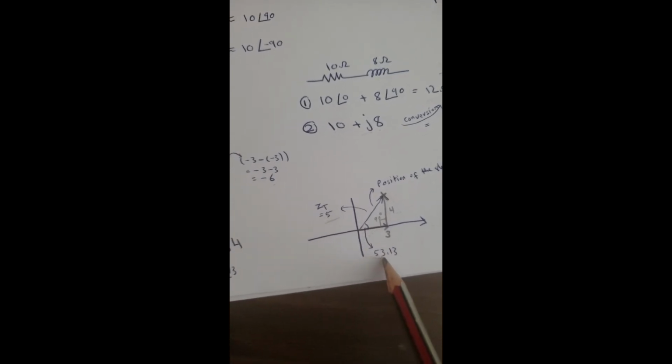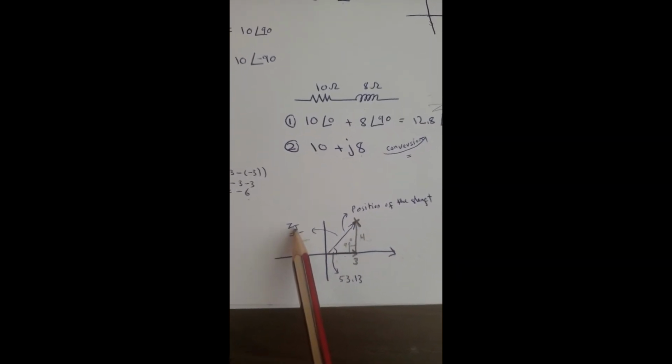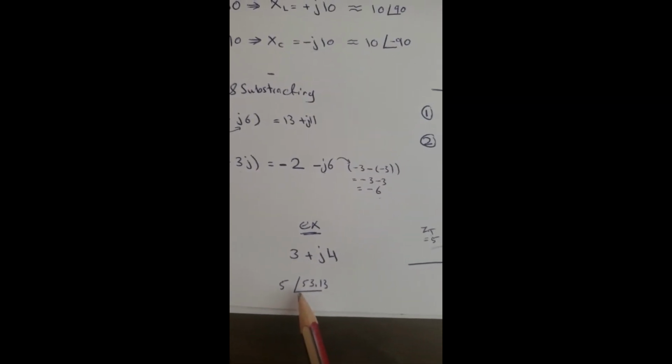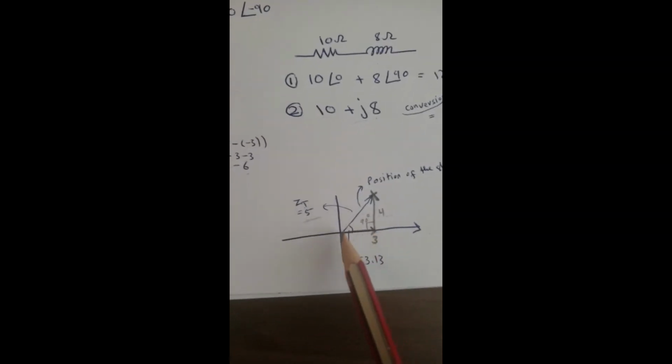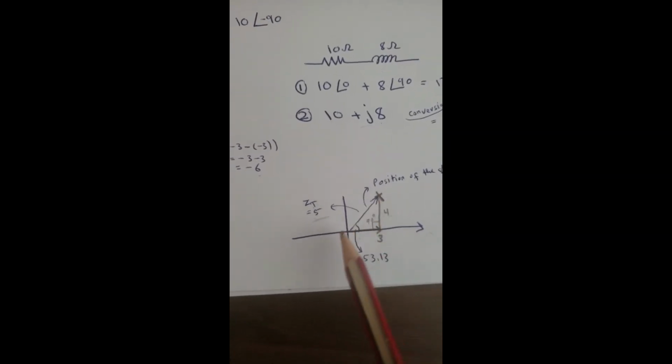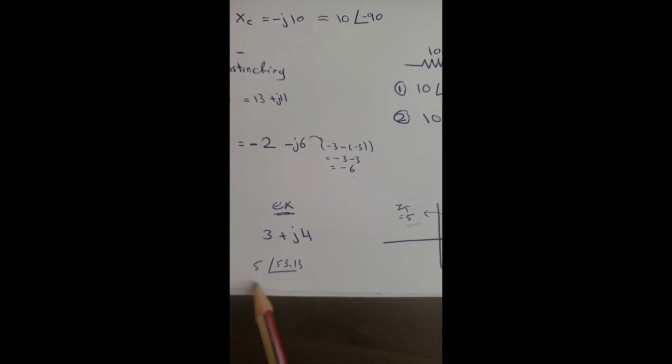Now the magnitude of both two is 5 and the angle, okay, is 53.13. Now this number, which is the magnitude, with this angle will be exactly the polar form. So the rectangular form will be as a vector, okay, the sum will be the polar form.